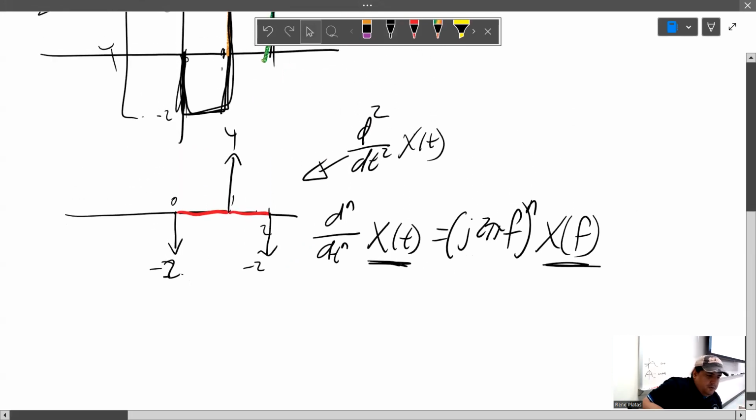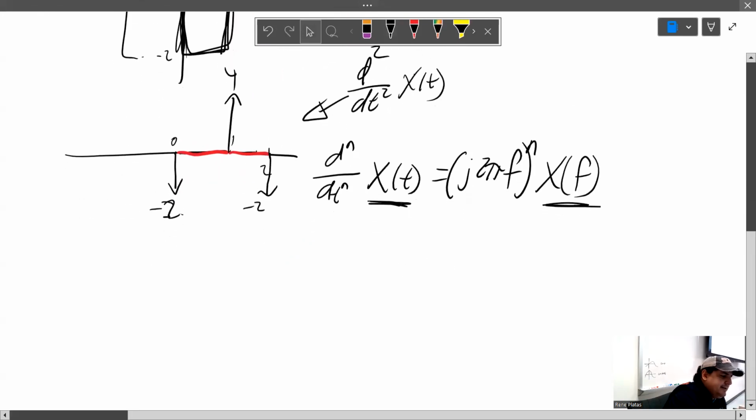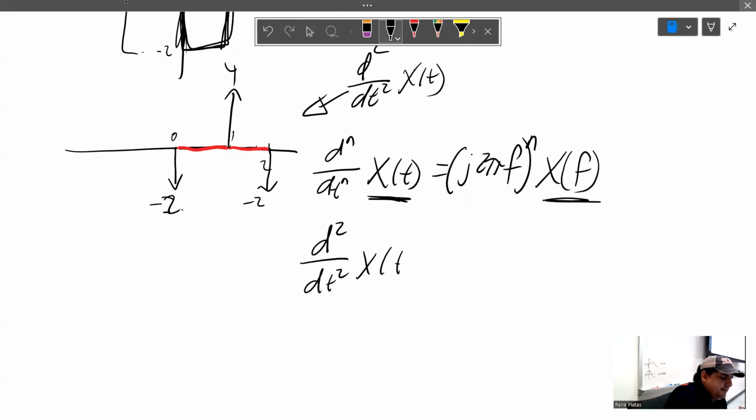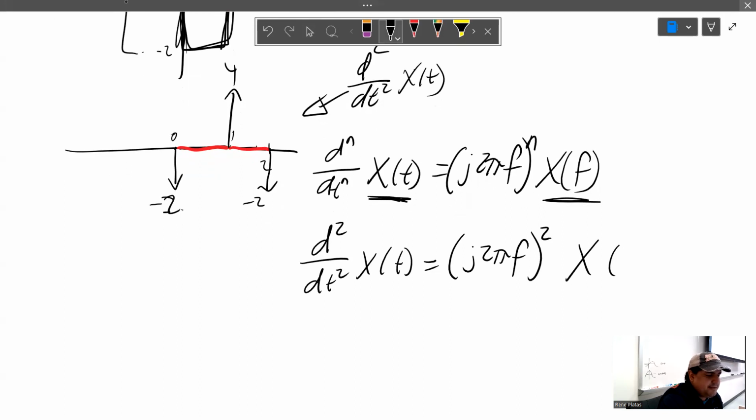We know that the second derivative of our x(t) is gonna be equal to this little constant here squared times X(f).